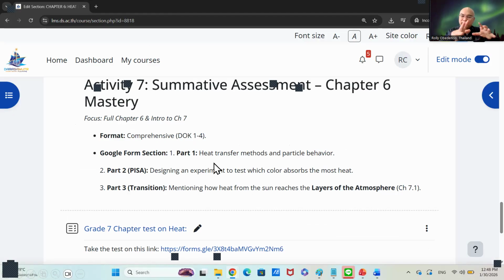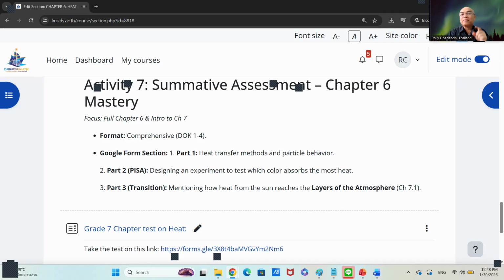And at the end of this lesson, I want you to take this chapter test to find out whether you would really be ready. But I want you to pass at least 25 over 30 average score, not the highest score. For example, if you retake it, then get the average score.